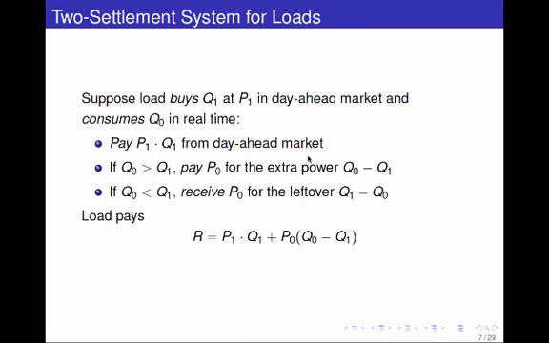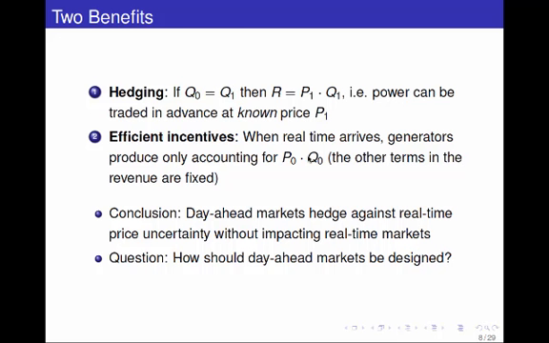And so you introduce a financial instrument, it offers you the ability to hedge against risk, but at the same time it doesn't screw over your real-time incentives. So that's the two properties that are very desirable about forward contracts.